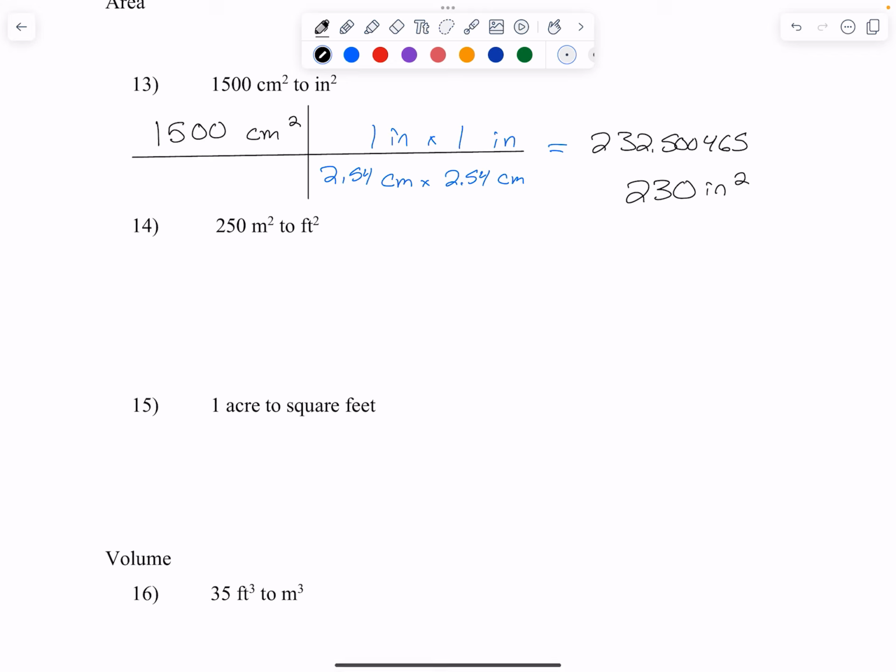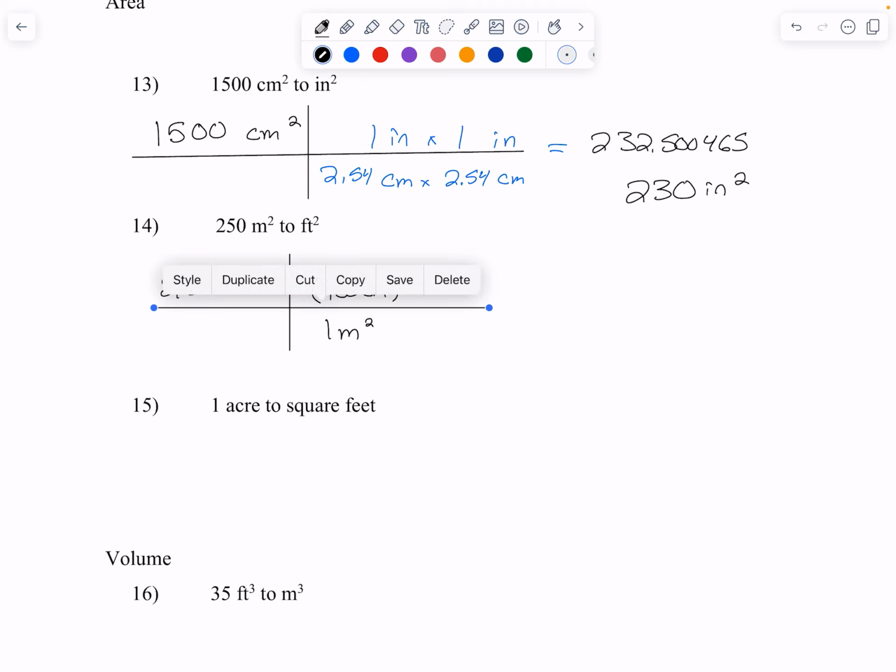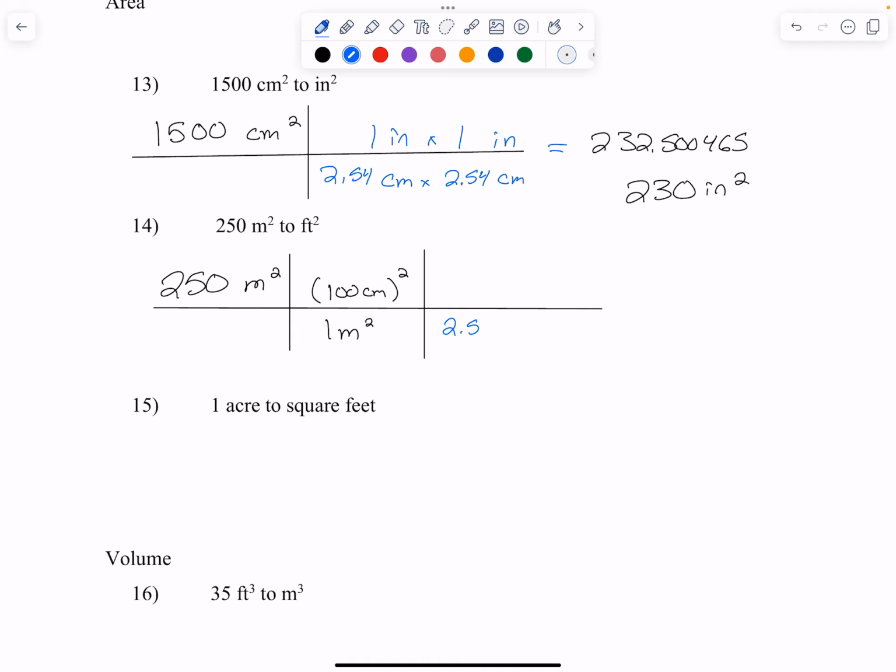So if we do 250 meters squared, and again, myself, what do I know? I always go to centimeters and inches. So I know that 1 meter squared is 100 centimeters squared. I'm going to have to make this longer. And then we know that 2.54 centimeters squared is 1 inch squared.